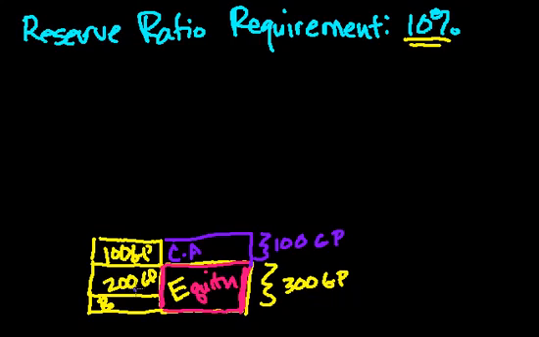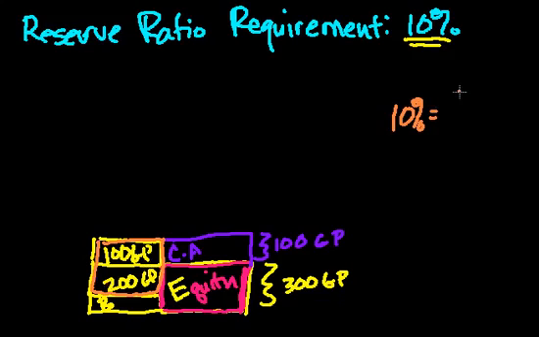So how much lending can I do? Well, this requirement says that I can only expand these on-demand accounts so that this 300 gold pieces is at least 10% of it. These are my actual reserves. So let's think of it this way. 10% has to equal my reserves.